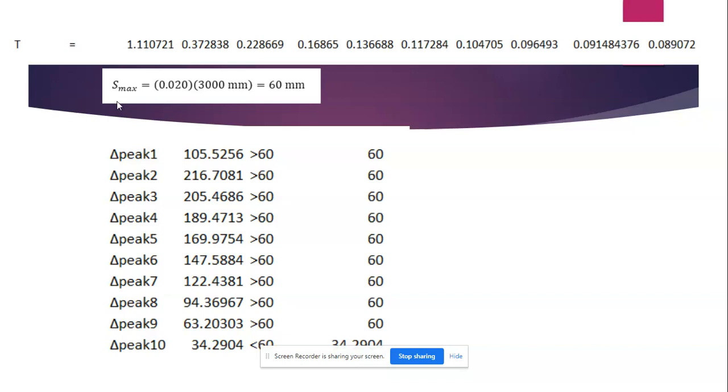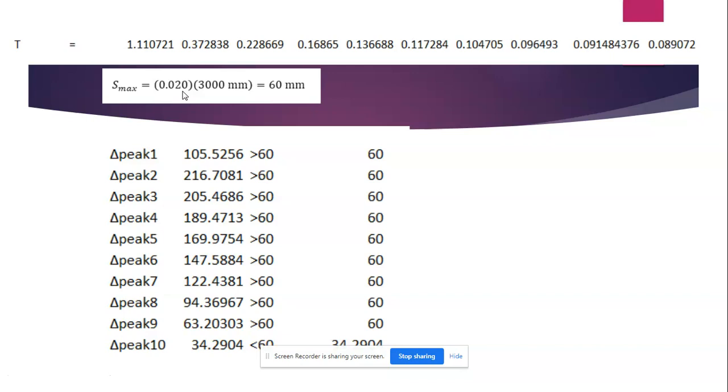I forgot to include that since T equals 1.110727, which is greater than 0.7 sec, story drifts must not exceed 0.020 times the story height.